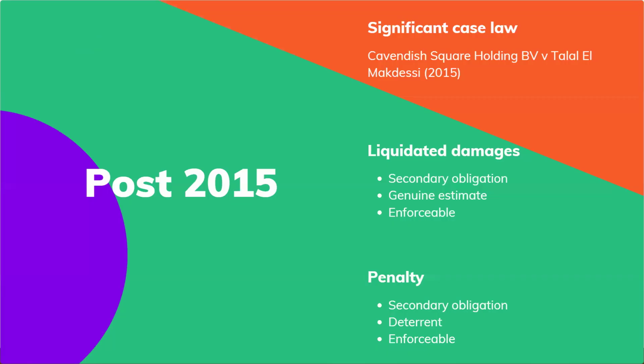However, this principle is reversed in a new case law in 2015 between Cavendish Square Holding BV and Talal El Makdessi. So both penalty and liquidated damages are secondary obligations. While liquidated damages are still a genuine estimate of loss and still enforceable, penalty is more about deterrence and about some genuine interest of the business that should be protected.